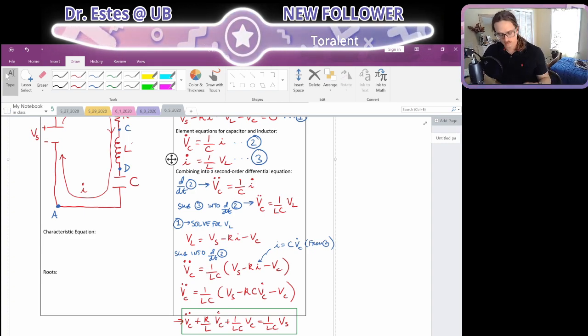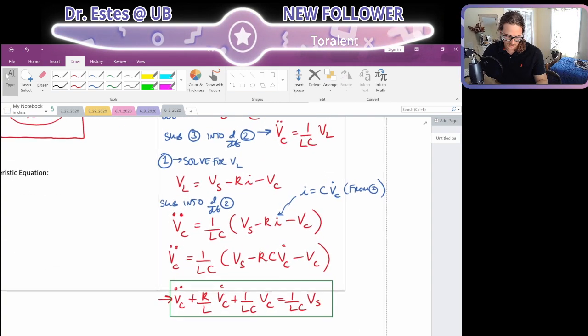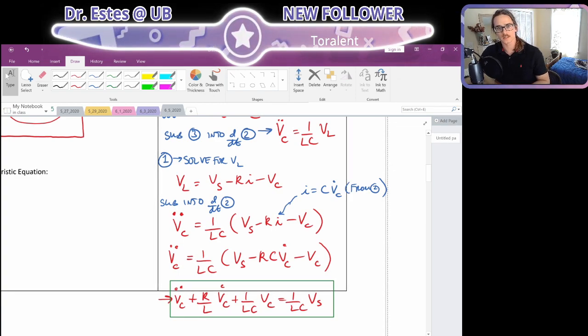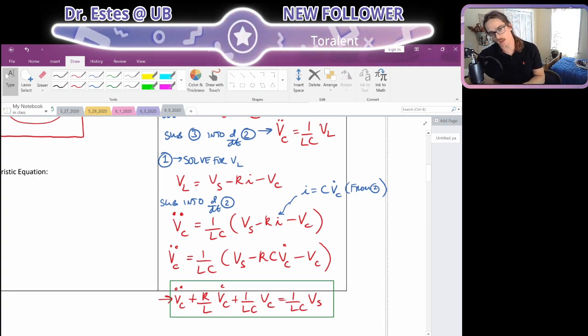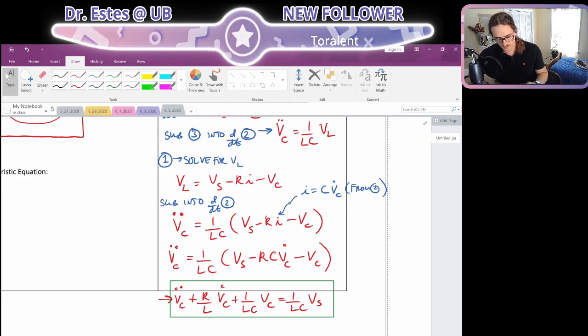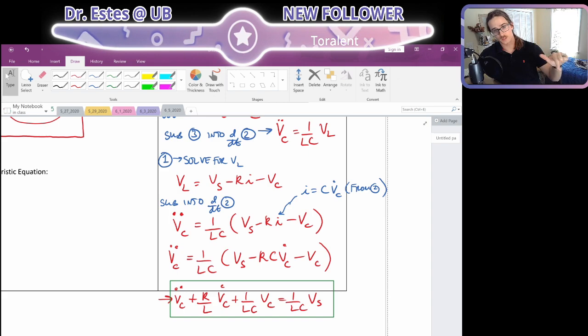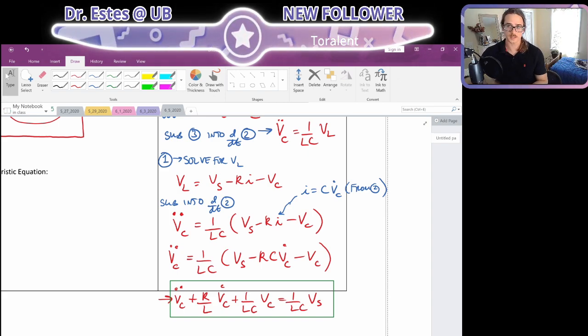Okay, so the way we've been learning to analyze differential equations is the first step is you get what's called the characteristic equation, and it's the roots of the characteristic equation that tell you a lot about the dynamics of the system. So let's do that.